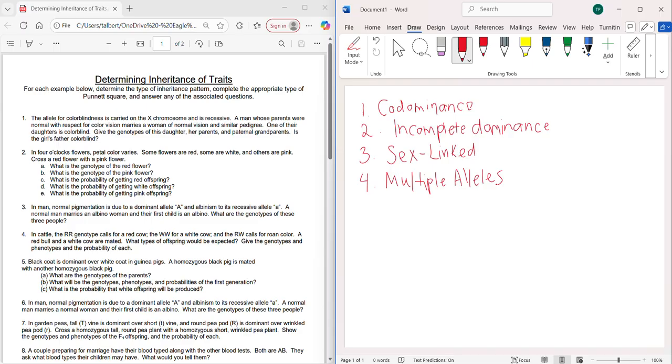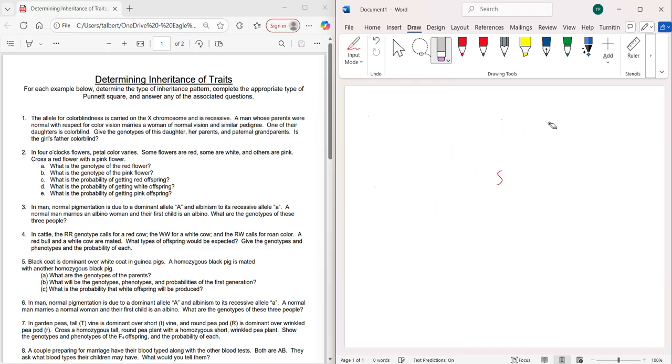And of course, we do have Mendelian genetics, right? Monohybrid and dihybrid crosses. So let's take a look at some of these practice problems and see which questions belong with which inheritance pattern.